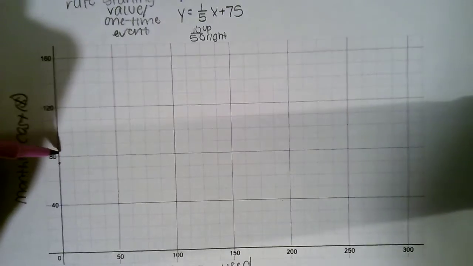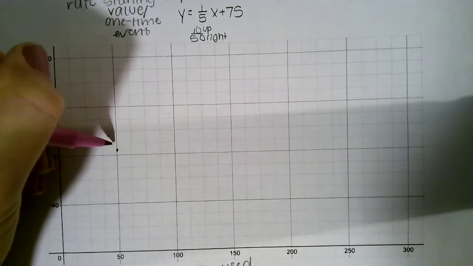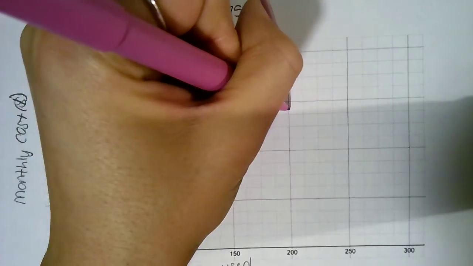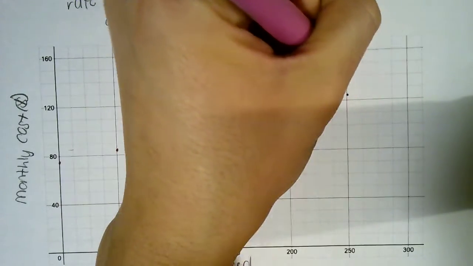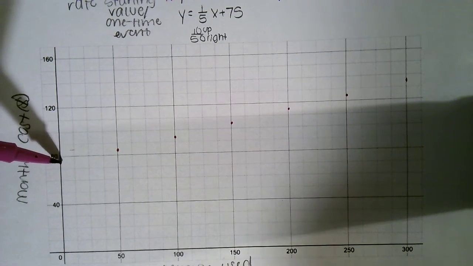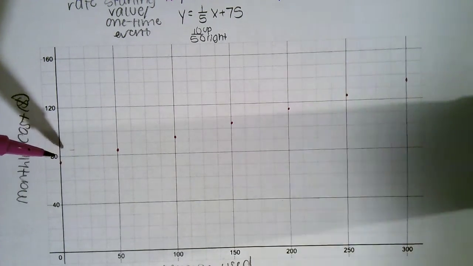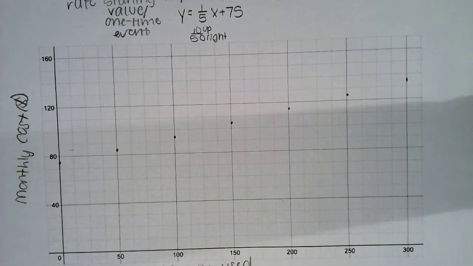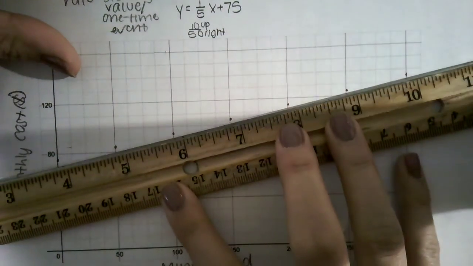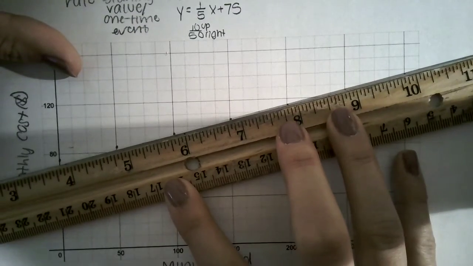So I'm going up 10 over 50, up 10 over 50, up 10 over 50. This makes it a lot easier for myself, because if I try going up 1/5, you don't even know where that would be on the graph. Okay, so I have my ruler to draw a nice straight line.